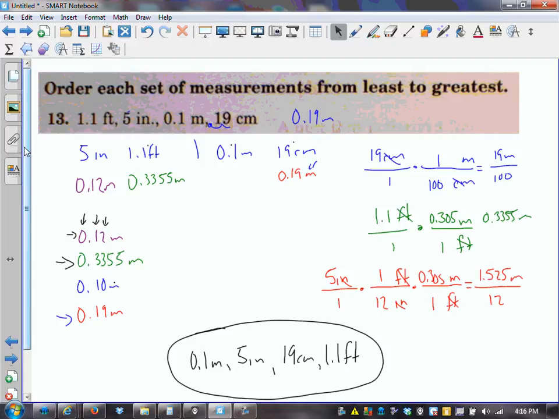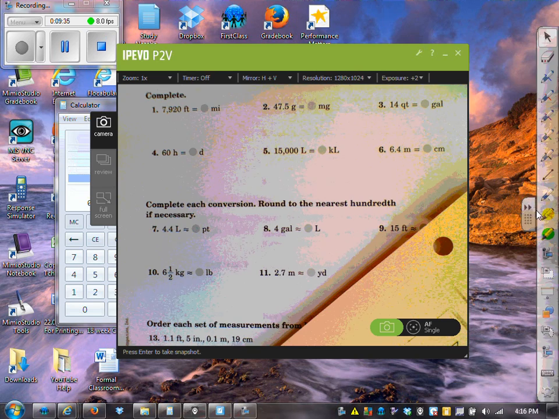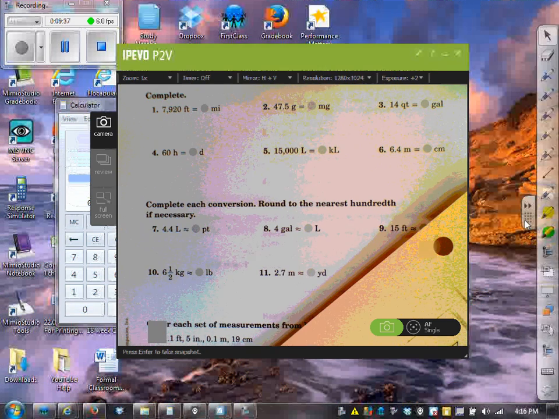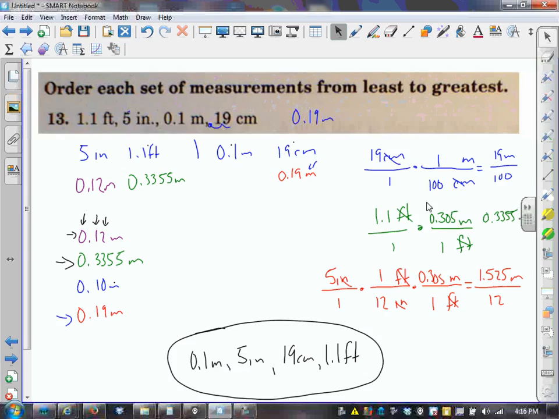That was number 4. Here we're ordering each set of measurements from least to greatest. Let me get my toolbar back so I can use that. And in my head I did a little bit of comparing here. I compared my feet to inches. I know that 5 inches is going to be less than 1 foot.